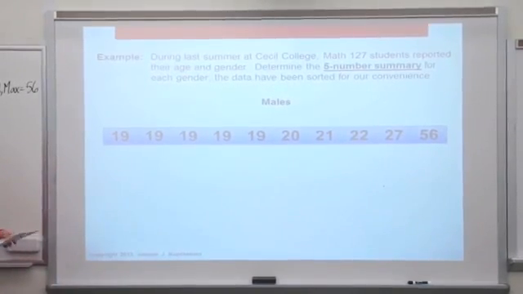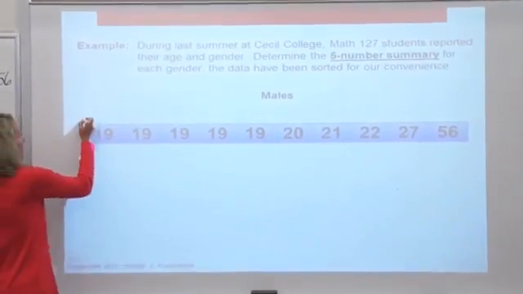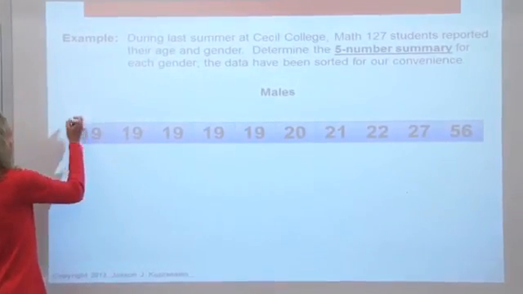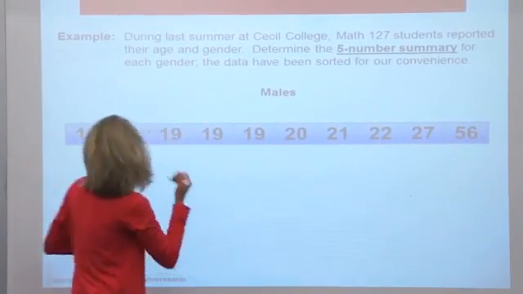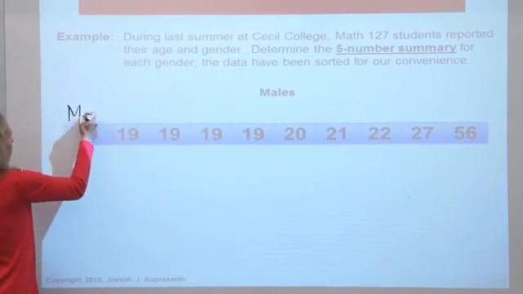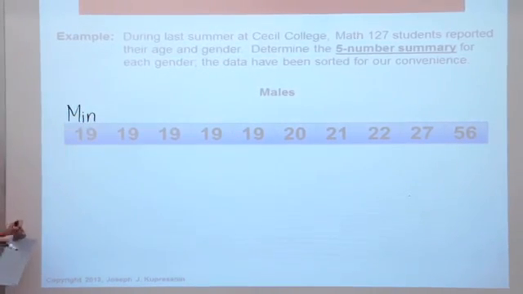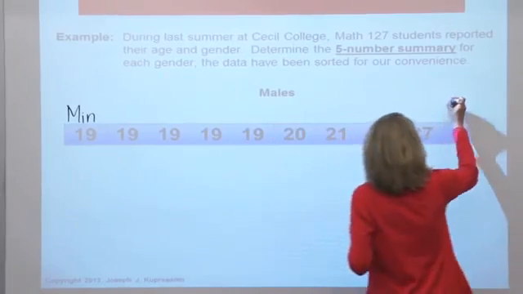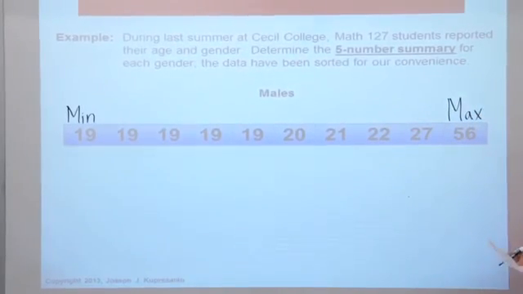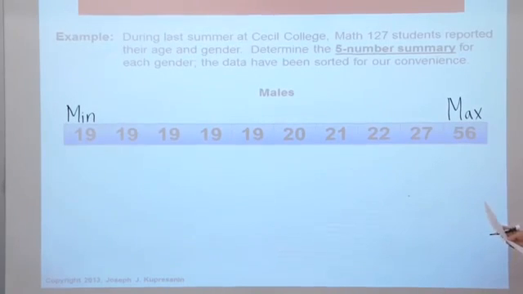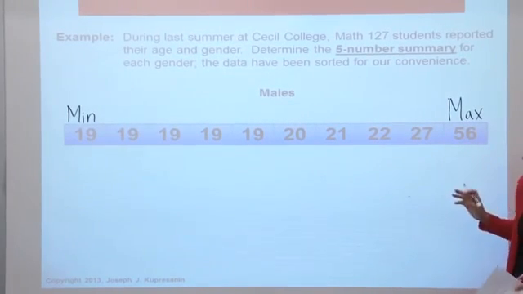And if we compute the 5-number summary for this data set, this is the smallest observation, 19. Over here would be the largest observation. And again, this data set has 10 observations in it.